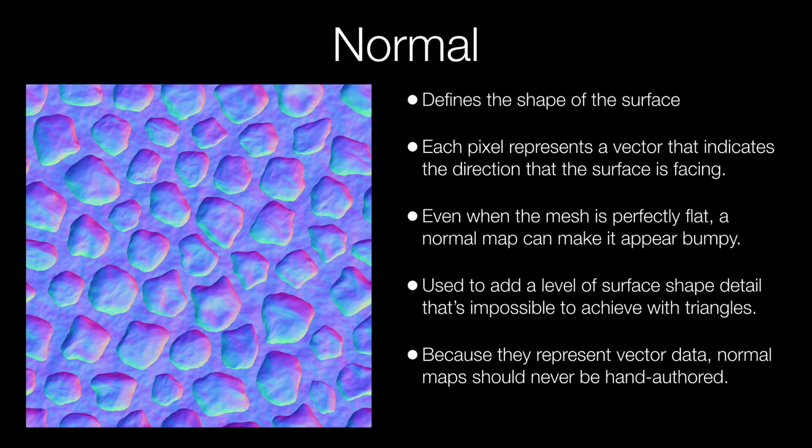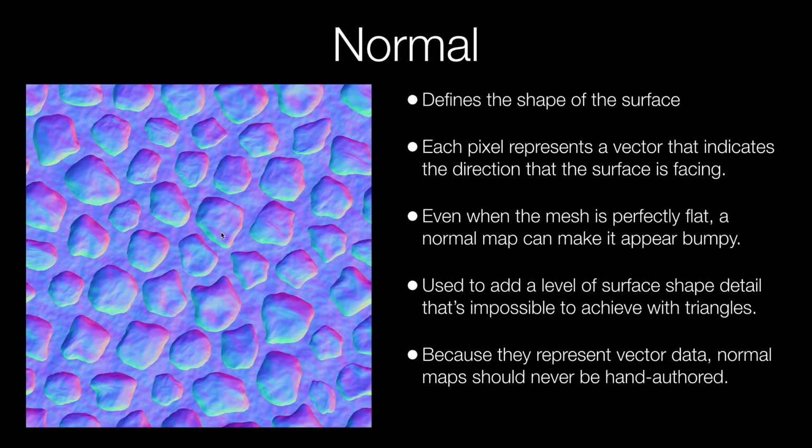So in our example data, here's the normal map for our cobblestones, and like we said, the normal map defines the shape of the surface. So I can apply this normal map to a completely flat mesh, even a single polygon, and it'll look shaped like lots of bumpy cobblestones when actually it's just perfectly flat.